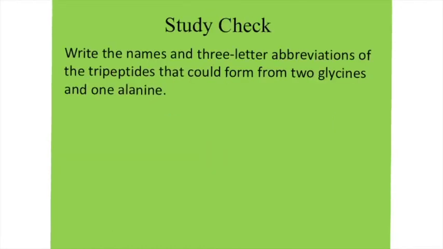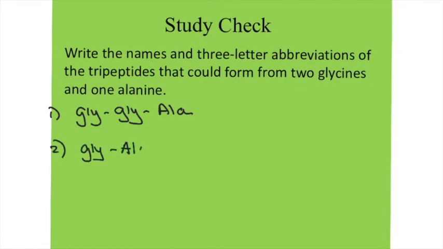This says write the names and 3-letter abbreviations of tripeptides that could form from 2 glycines and an alanine. So we have glycine, glycine, and alanine. So that's one. Another would be glycine, alanine, glycine. And then we would have alanine, glycine, and glycine.